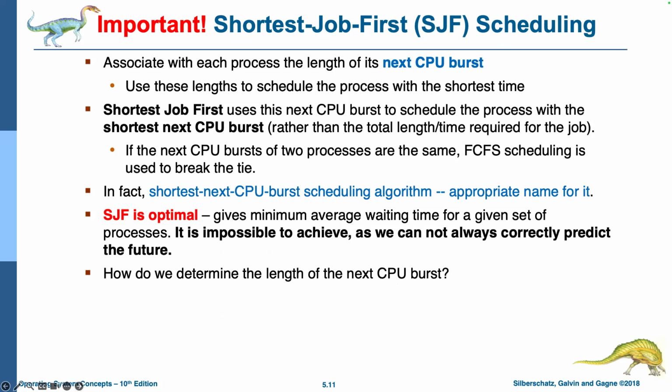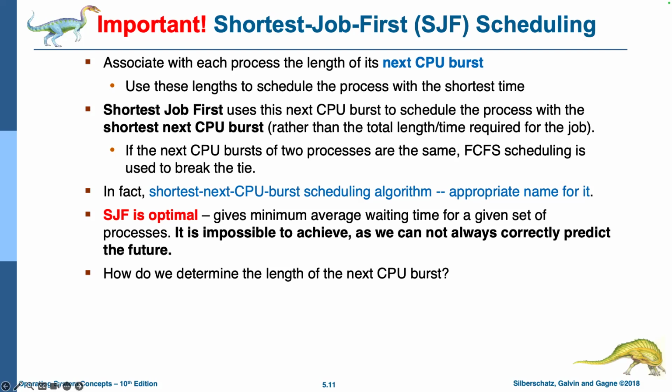Maybe it's not a good name; maybe it should be shortest next CPU burst. We can only make a prediction of the next CPU burst. We cannot know the exact running time of this process.